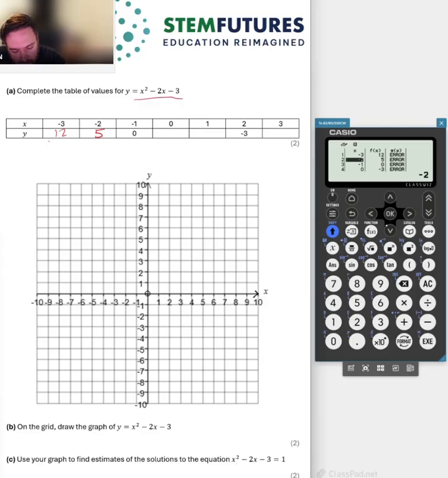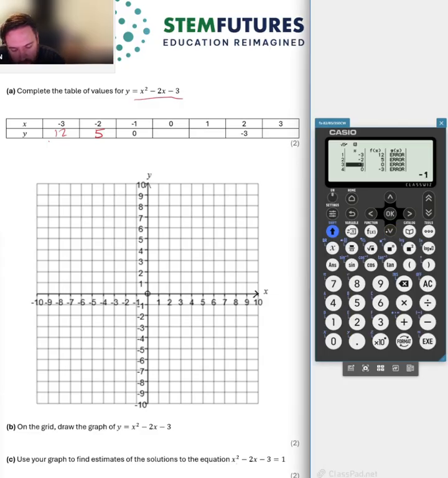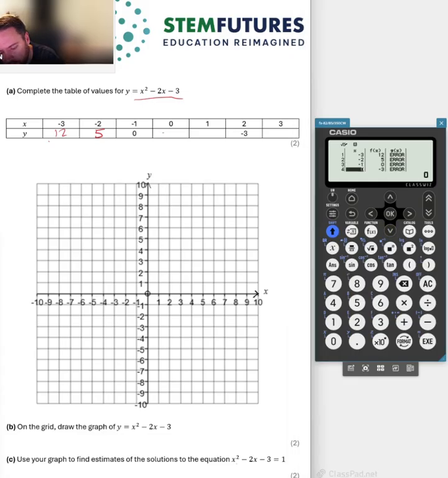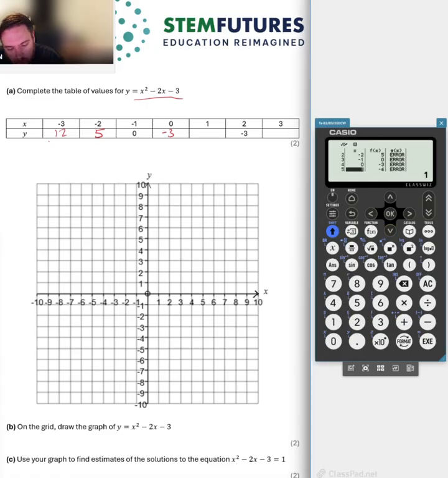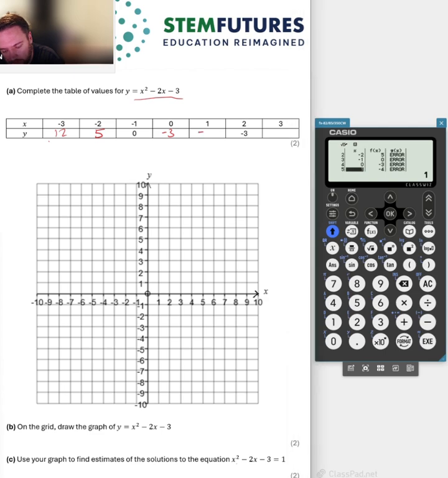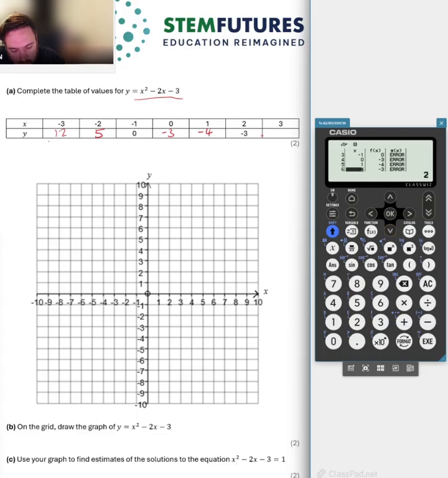That is a check: if that was different, then we've done it wrong, but being the same, it's almost a guarantee we've got this right. Then 1 is -4, obviously being careful to correctly do it, and 2 is -3, again that's already filled in for us, that's a double check, and then 3 is 0.